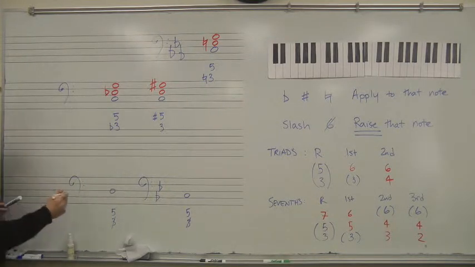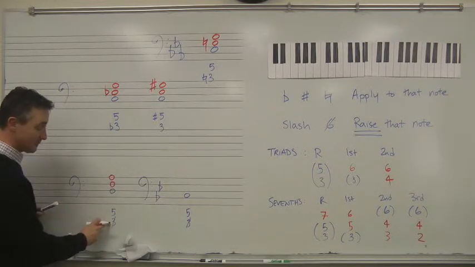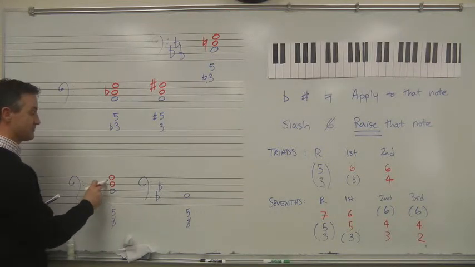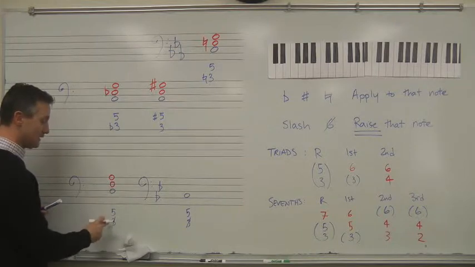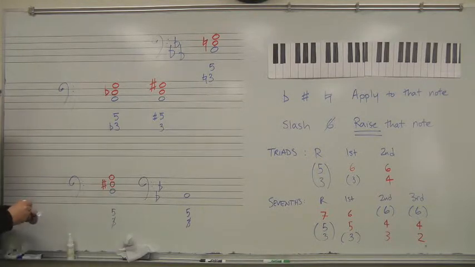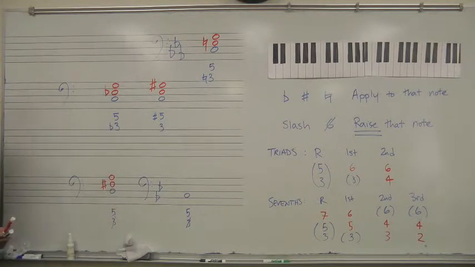So again, we count up. 1, 2, 3, 1, 2, 3, 4, 5, but the 3 has a slash through it. So we raise that interval distance. This is an F natural. It says to raise it, so we raise it to F sharp. And that is the correct interpretation of this figured bass.